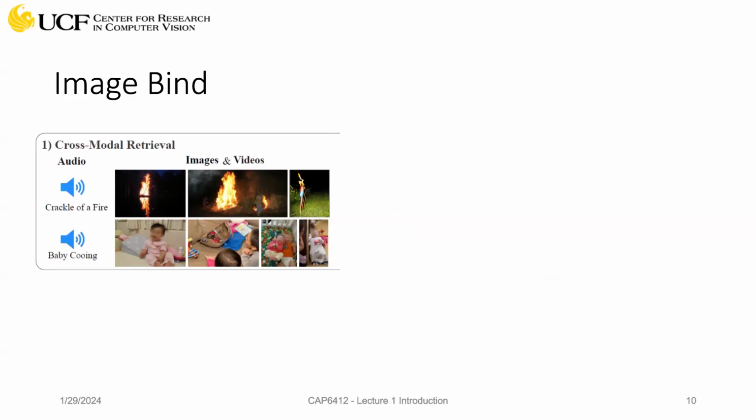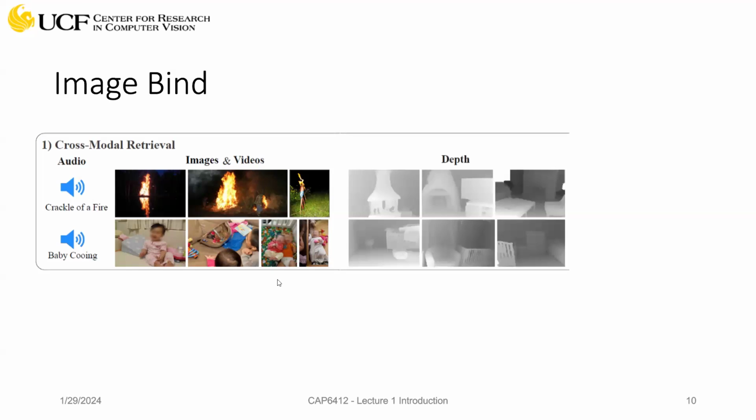Let's say you have audio, say it's the crackle of fire. Then using this embedding, you can retrieve an image of a fire, or you can retrieve a video of fire. It's pretty interesting. And if you have audio of baby cooing, then you can retrieve those kind of things. And also you can retrieve a depth image.